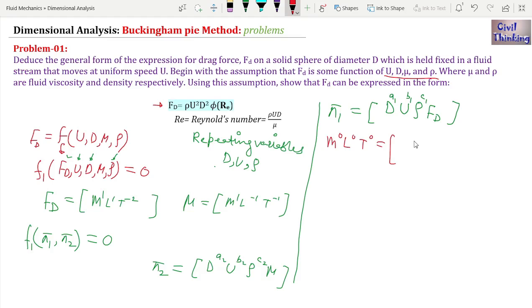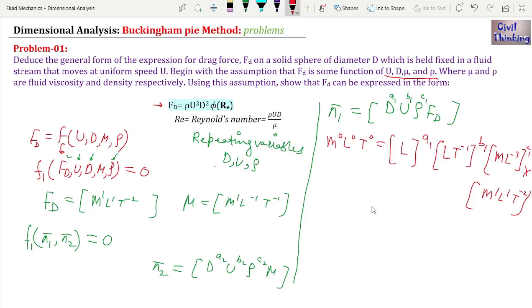As I have shown before, d is a length, so it is only l raised to the power a1. Then u is velocity, which is meter per second, l t minus 1 raised to the power b1. Rho is the density, mass per unit volume, raised to the power c1, and then we have force, which is m1 l1 t minus 2. All of these terms are in multiplication.